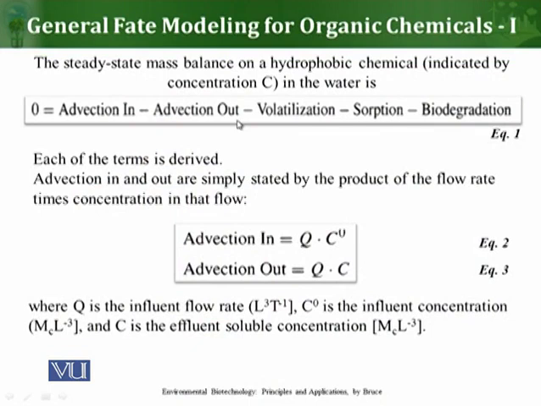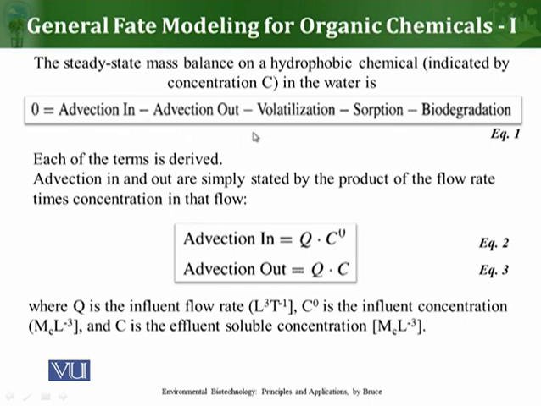The steady state mass balance on a hydrophobic chemical in the water, whose concentration can be indicated by C, can simply be put as: accumulation is equal to advection in minus advection out minus volatilization minus sorption minus biodegradation. Basically, in general we can say that for the compound, how much is the inflow, how much is the outflow, how much is volatilizing, how much is sorbing and how much is biodegrading. All these sum up to a steady state mass balance.